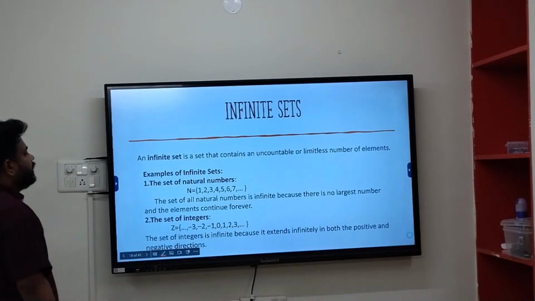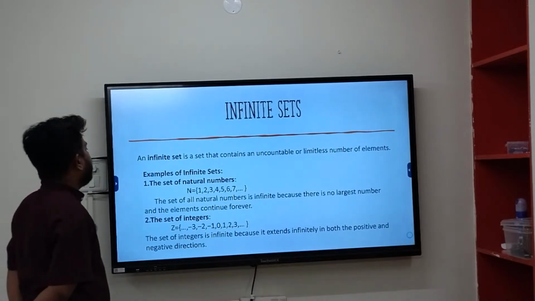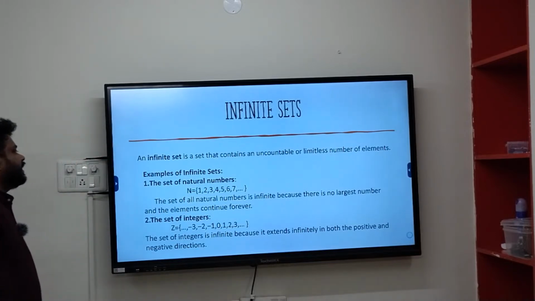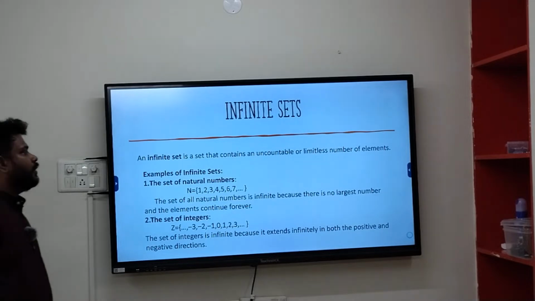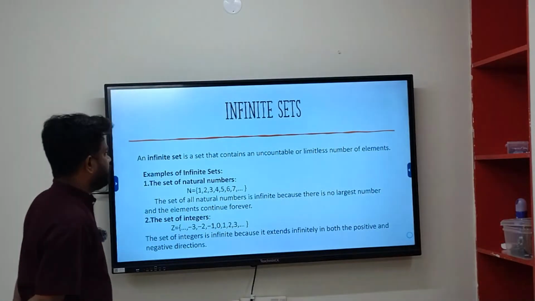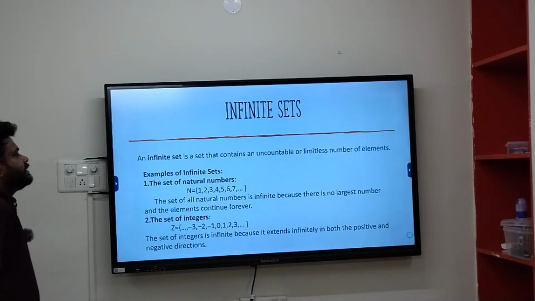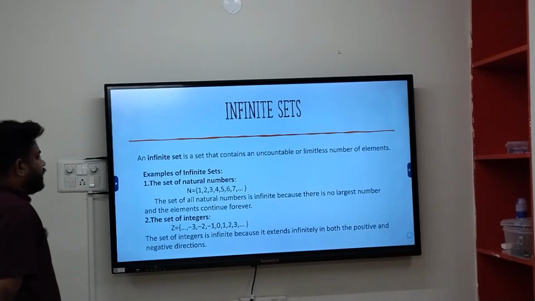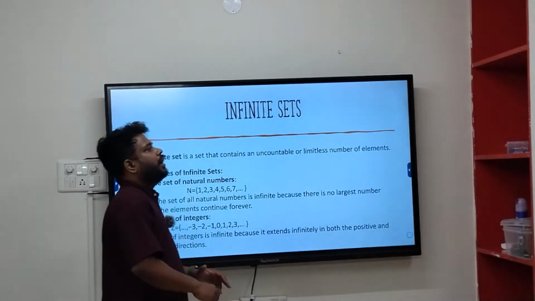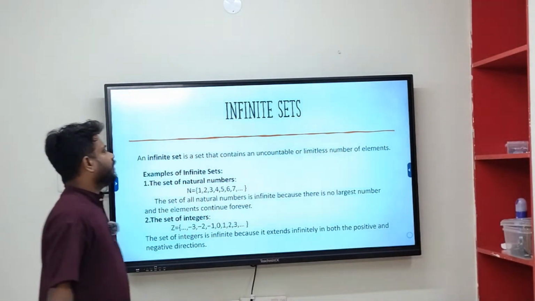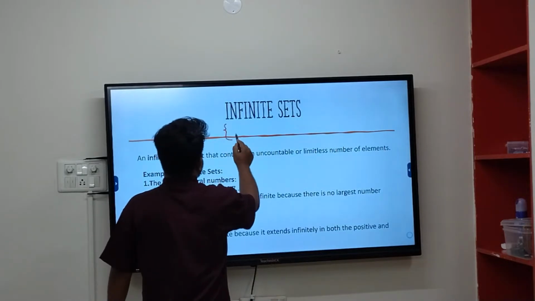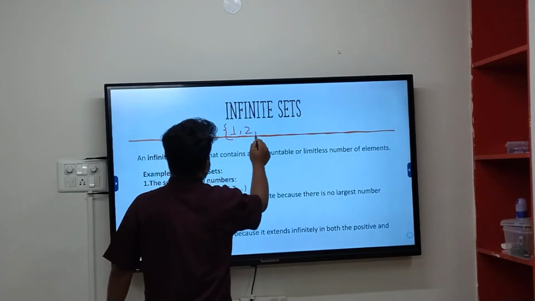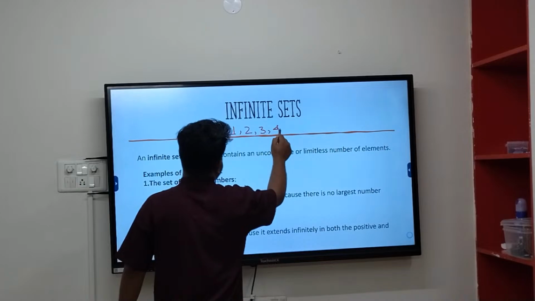The next one is the infinite set. An infinite set is a set that contains uncountable or limitless numbers of elements. So what would be an example of an infinite set? The set of natural numbers. Yes, which is a countably infinite set. That means we can start the counting, but we can't finish it.